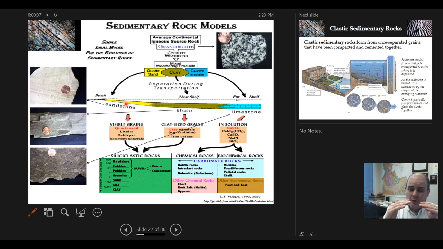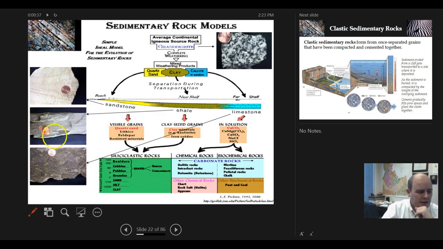Now the lower the energy, the smaller the grain material you can deposit. So often we get coarse material, like sandstones and conglomerates, at a beach deposit, right there at the beach. Off the coast, you might have things like clay and silts actually being deposited.